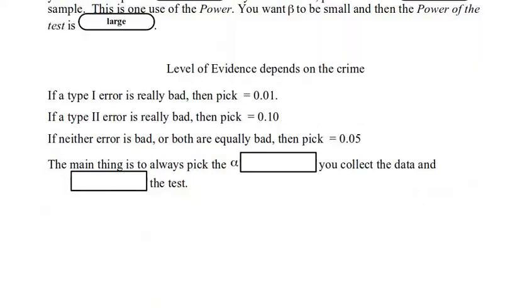Now, we're going to talk about type 1 and type 2 errors and the level of significance alpha in the context of a crime. If someone is brought to trial and the crime is very serious, then the idea is that the probability of sending them to jail when they're innocent needs to be very low. So if a type 1 error is really bad, then you pick alpha of 1%.